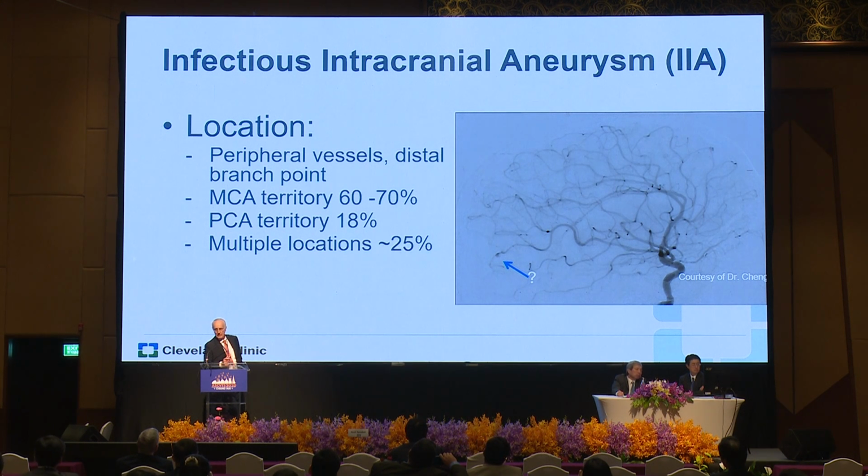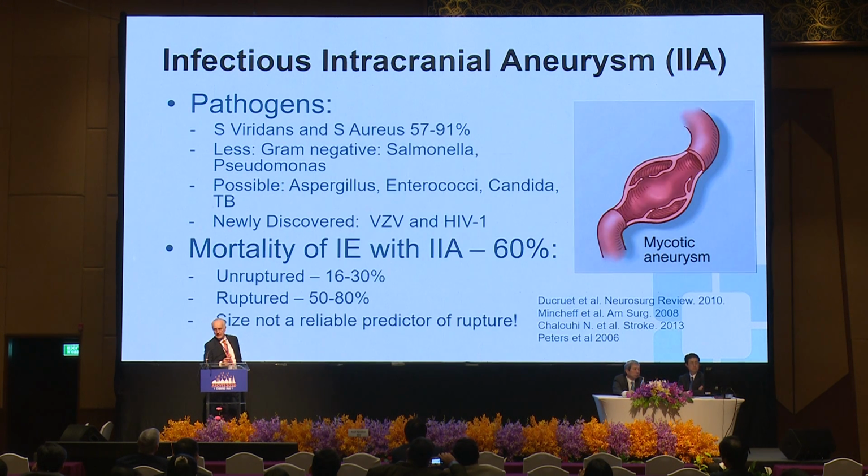They can have really any location. Most often they are peripheral. MCA territory accounts for most of them. Posterior cerebral artery territory is about a fifth, and many have multiple locations. They are associated with viridans and aureus, but those are not the only organisms that can be associated with this.